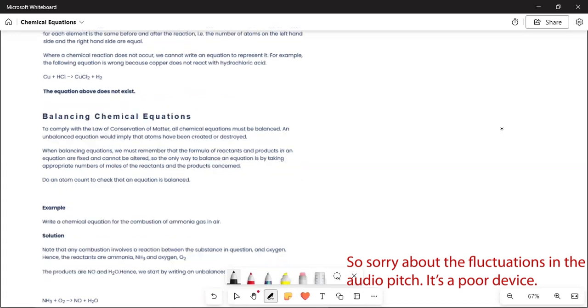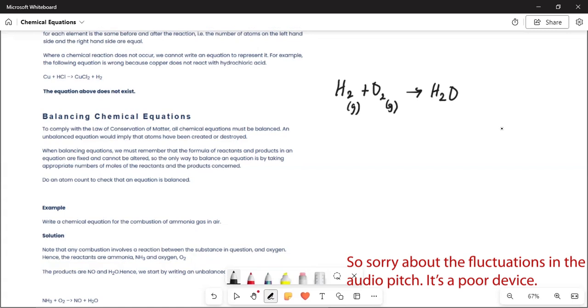In balancing a chemical equation, first of all, let's start with the most basic equation, which is hydrogen combining with oxygen to give us water, because the formula of water is H2O. This is hydrogen gas combining with oxygen gas to give us water. You see that the equation is not balanced, because on the left-hand side we have two atoms of hydrogen and two atoms of oxygen.